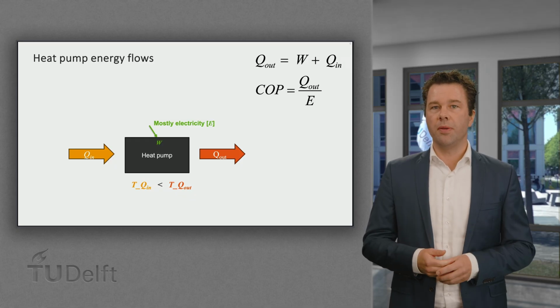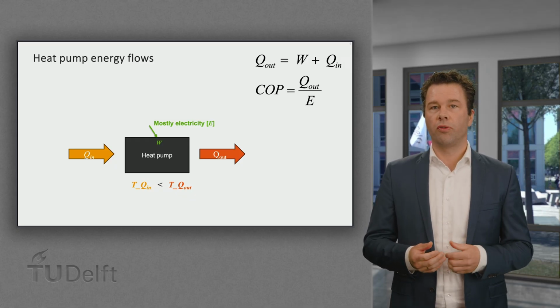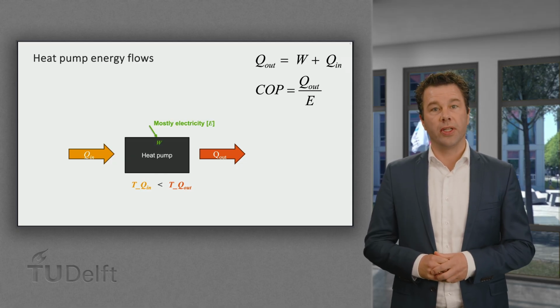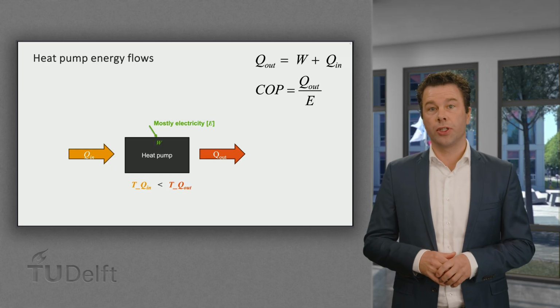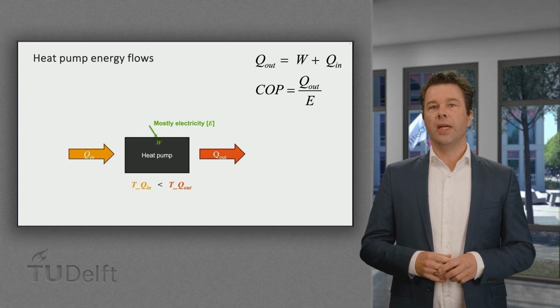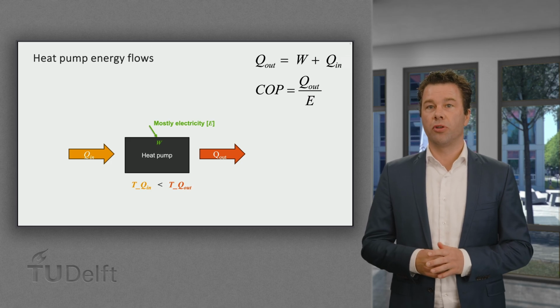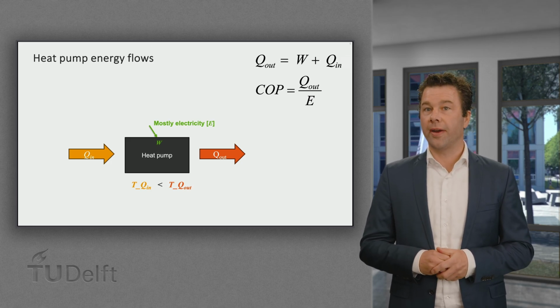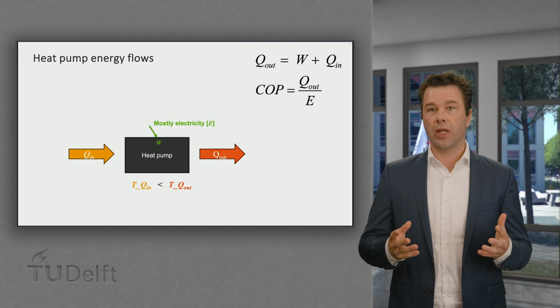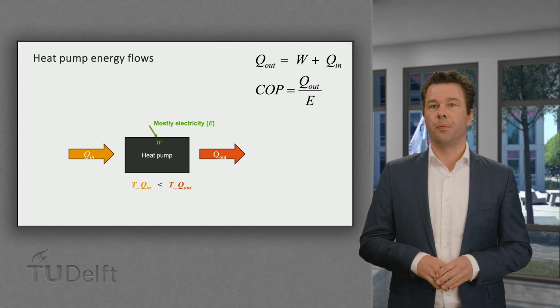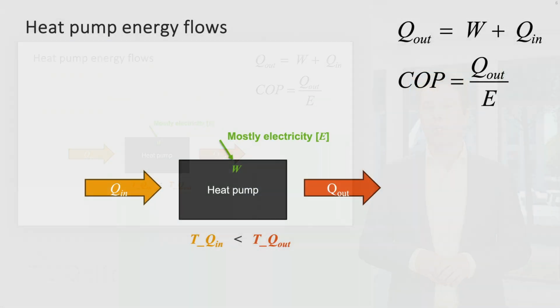The efficiency of a heat pump is referred to as the coefficient of performance, COP, and is defined as the ratio between the delivered energy over the electricity used. As a result, heat pump COPs usually have values of over 4 and sometimes even higher than 7. So you get 4 times as much heat for each unit of primary energy you put in. That is quite different with common electrical or gas-fired boilers, where you get 90 to 100% conversion to thermal energy.